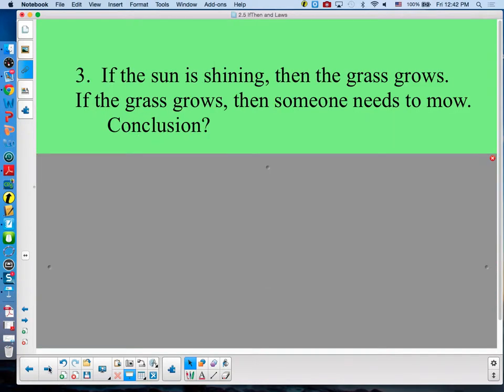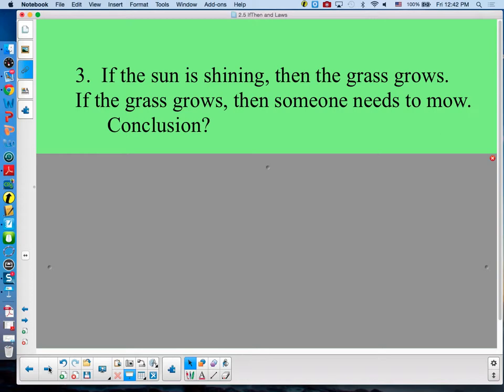If the sun is shining, then the grass grows. If the grass grows, then someone needs to mow. That's what this one says.